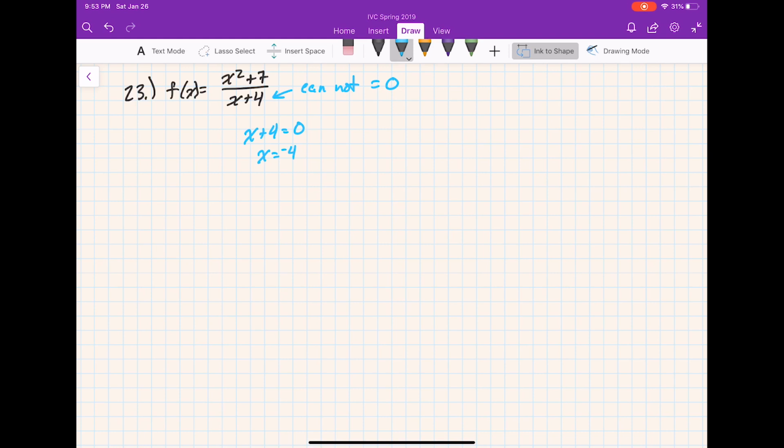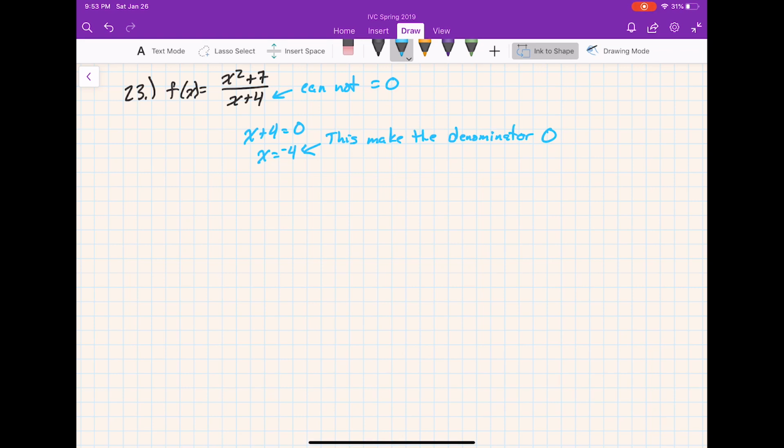Now, if we plugged in negative 4 into the equation, this would make the denominator 0, and thus making the formula undefined. And we can't have that, so that brings back a false reply for the argument here.